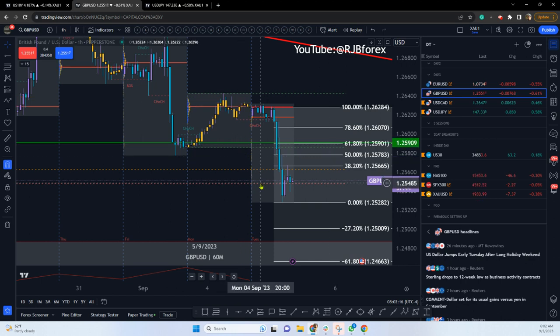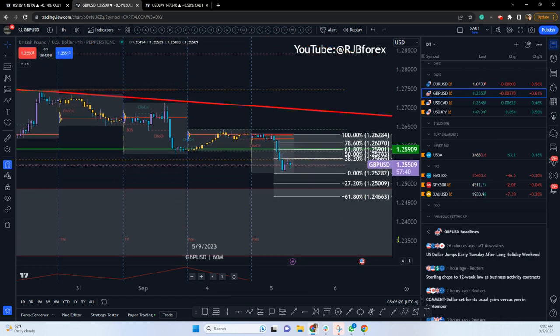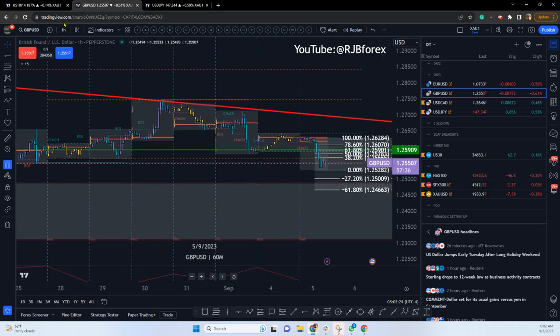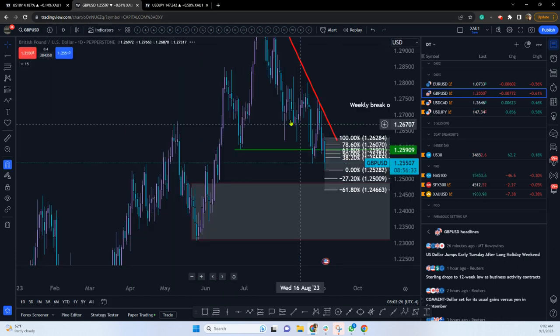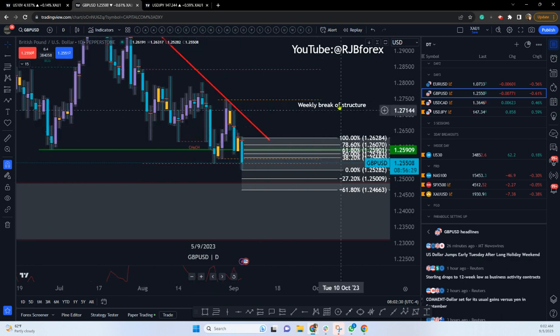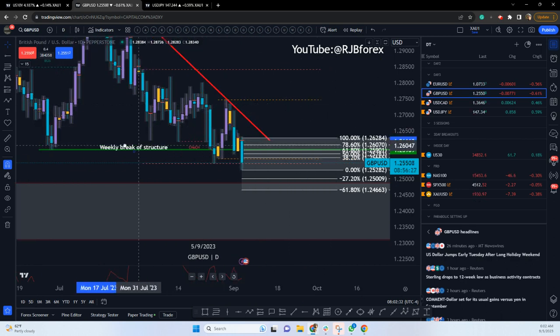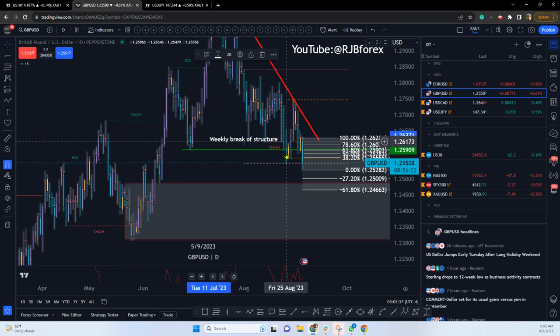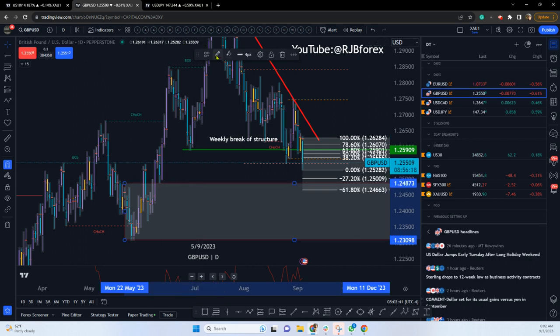But we're right into last month's and last week's lows. So we broke this weekly structure over here. So the bias is lower overall.